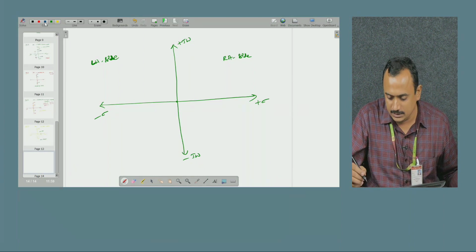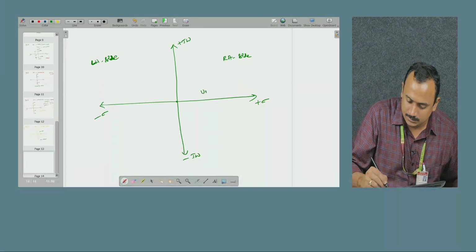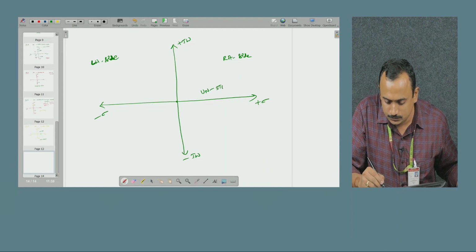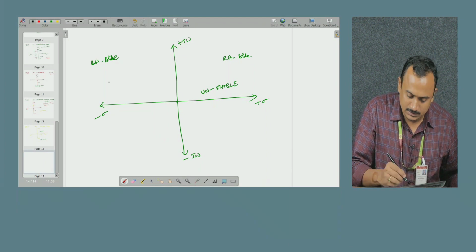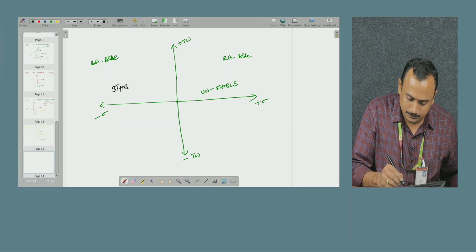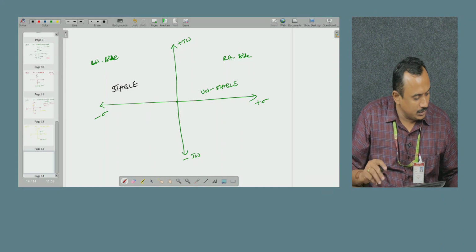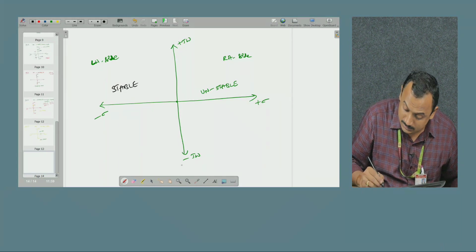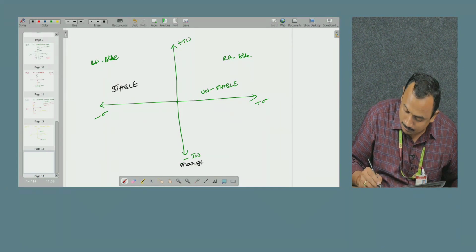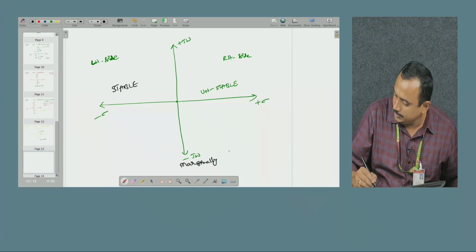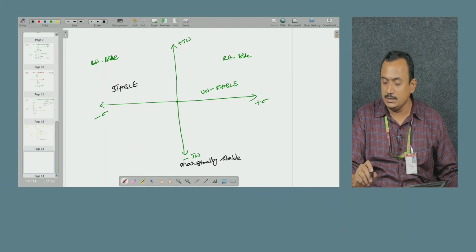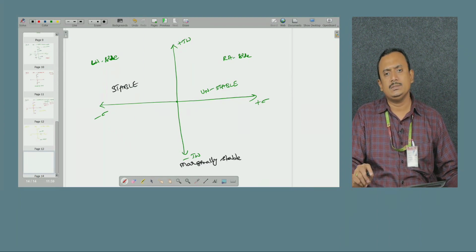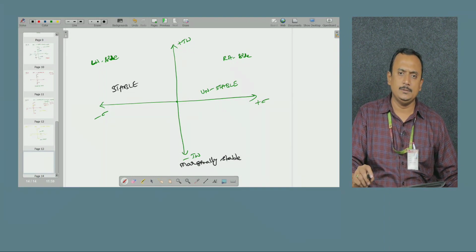On the right hand side, the system is unstable. Left hand side is stable. And what about only on the imaginary axis? Marginally stable. So this is how we are going to define the given system stability.